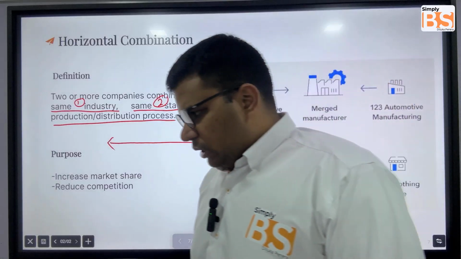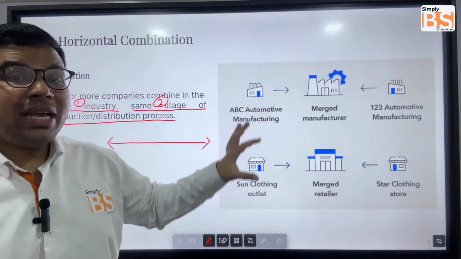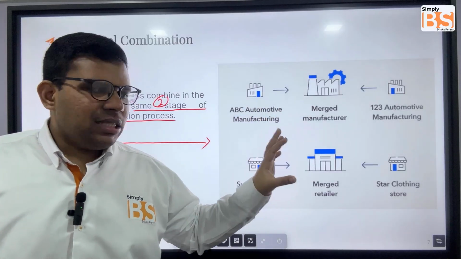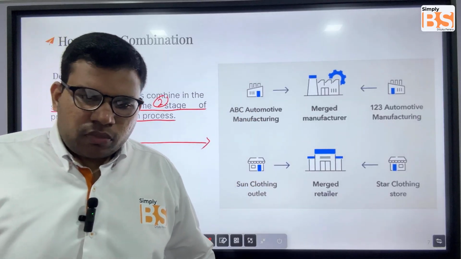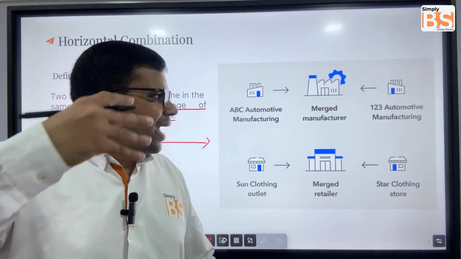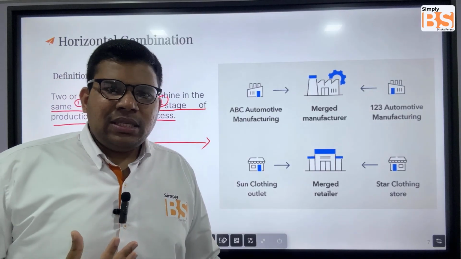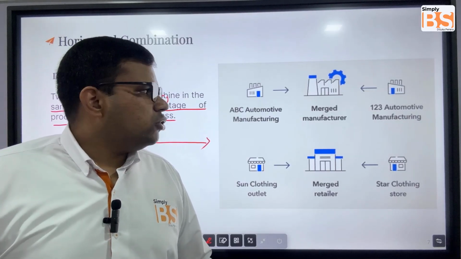Now, just to explain further, I have taken two examples, because these concepts should be learned with practical application. We'll look at these two examples and elaborate further on horizontal combination.